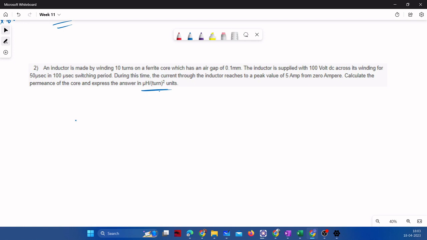Yeah, the current slope is given. Correct. Current slope is given, voltage is given, and when voltage is given, then you can always apply V is equal to L di by dt.